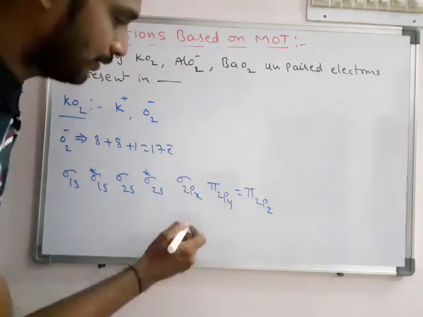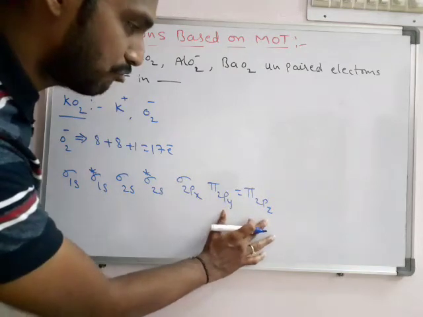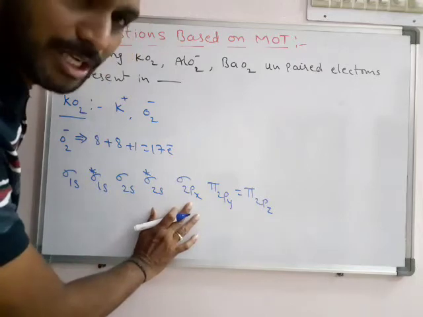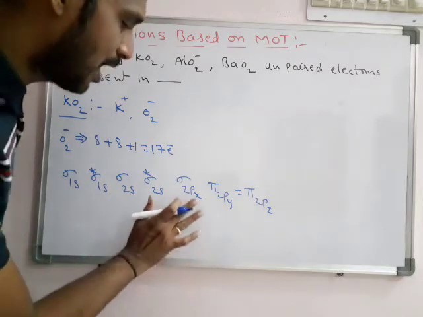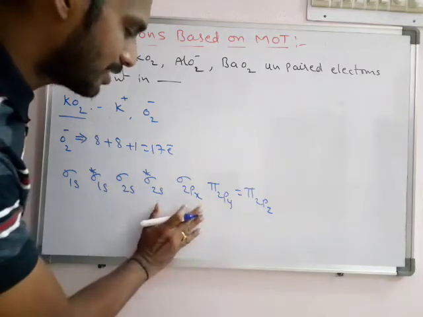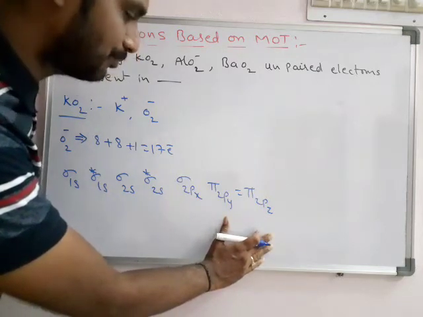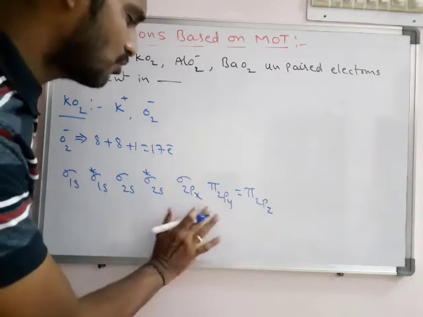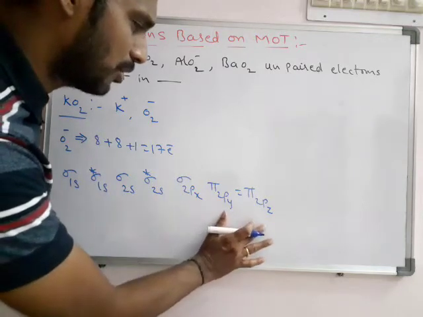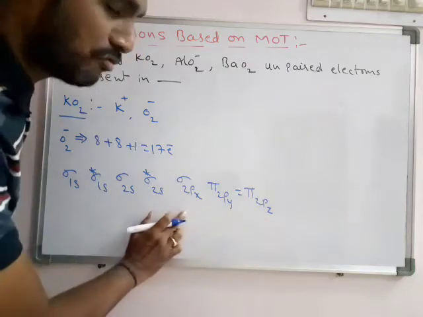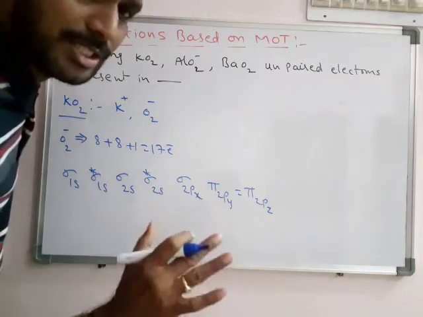In some books x and y are used for pi molecular orbitals and z is used for sigma. So whatever it is, I used x as a separate group and y, z as a separate group. There is no other change.